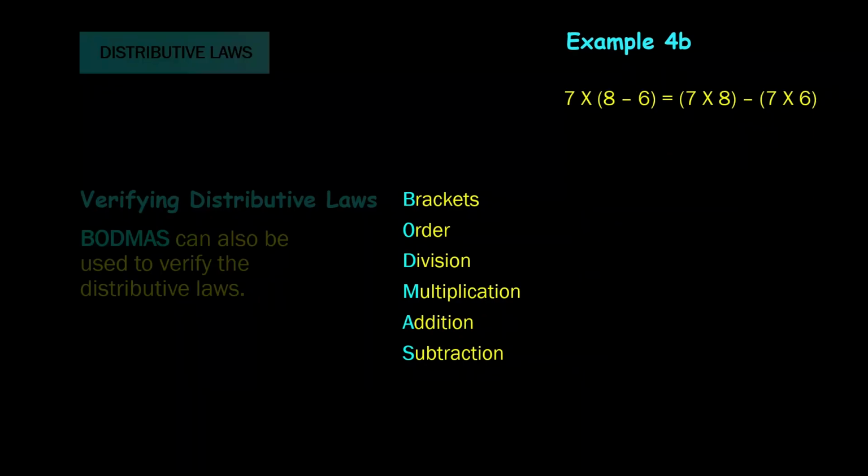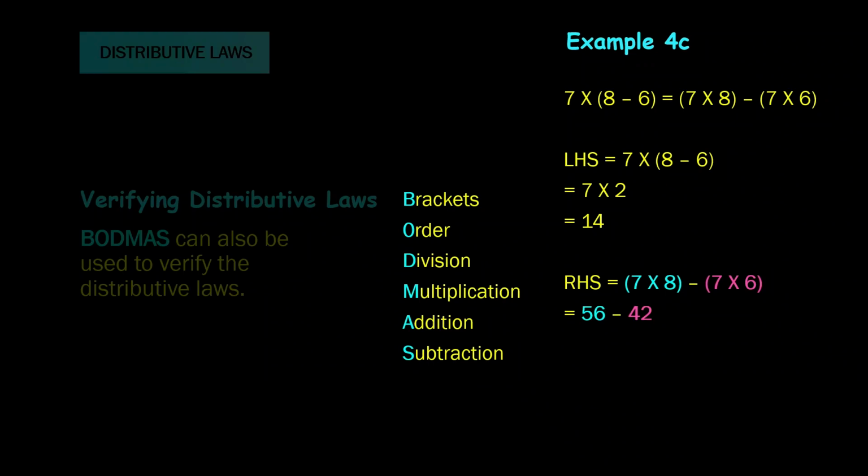We will now use the BODMAS rules to verify the distributive law for part C. Again, let's carry out the brackets first. On the left-hand side, we have 8 minus 6 in the brackets, which is equal to 2. And now let's carry out the next operation. This is multiplication. 7 times 2 is 14. Now let's consider the right-hand side. We do the brackets first.